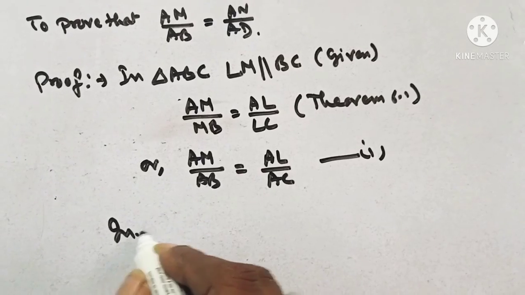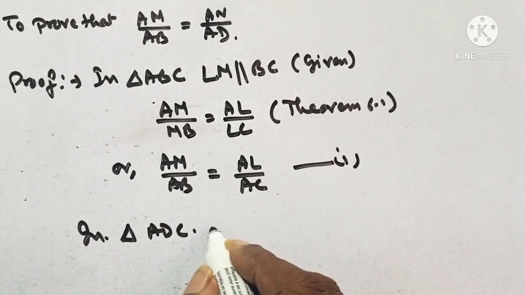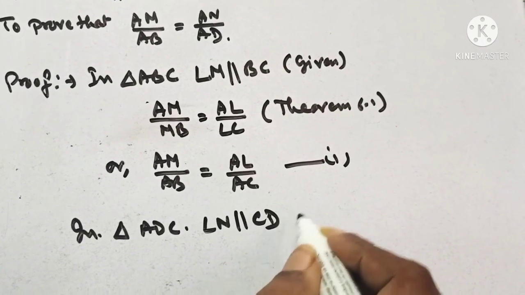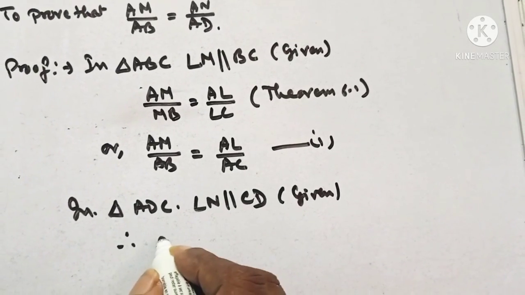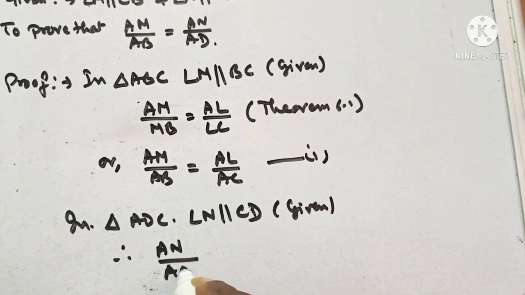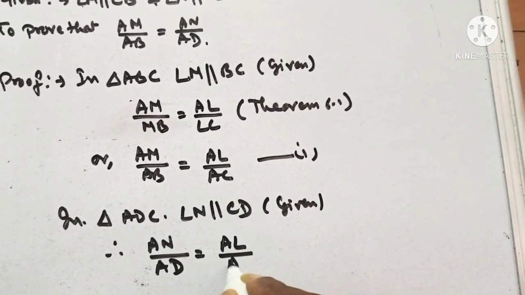Now in triangle ADC, again your LN is parallel to CD. This is given. Therefore, we can say that AN by AD is equal to AL by AC.